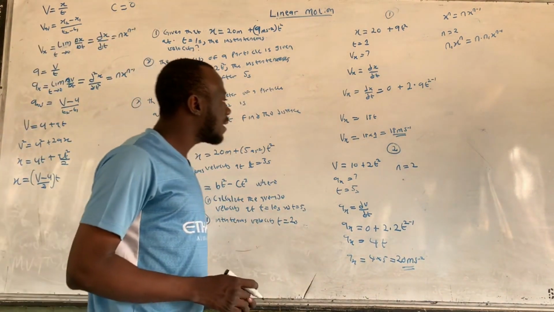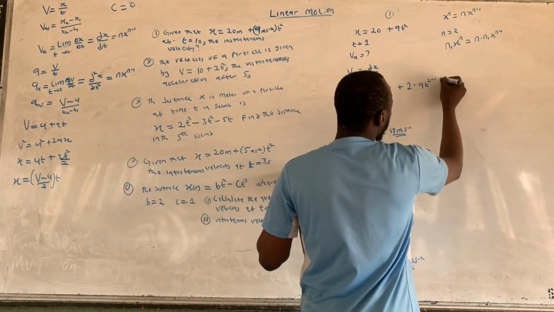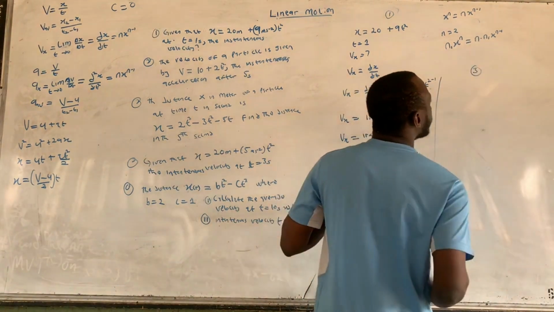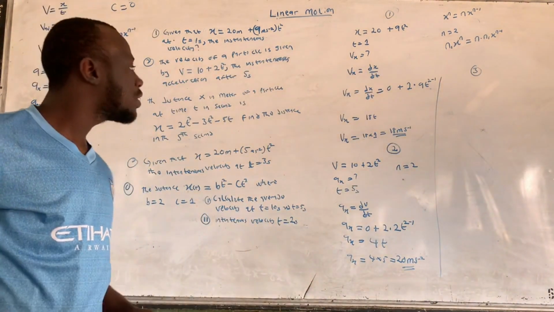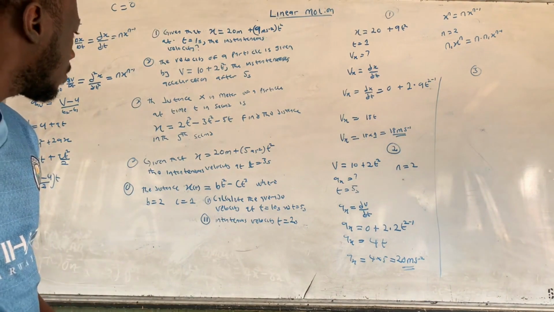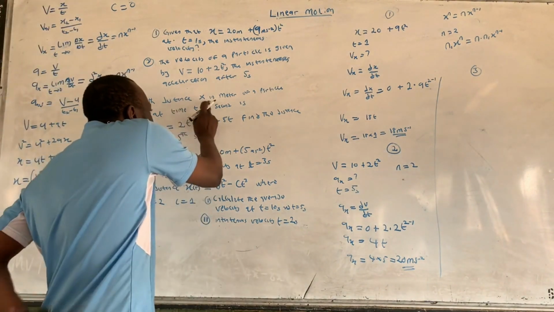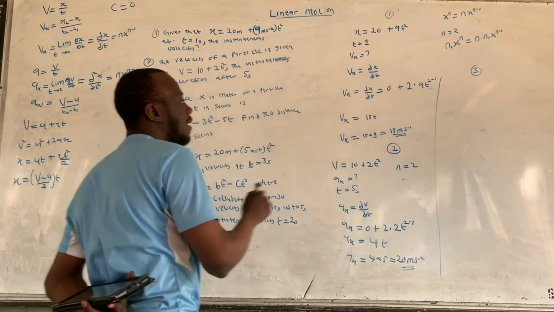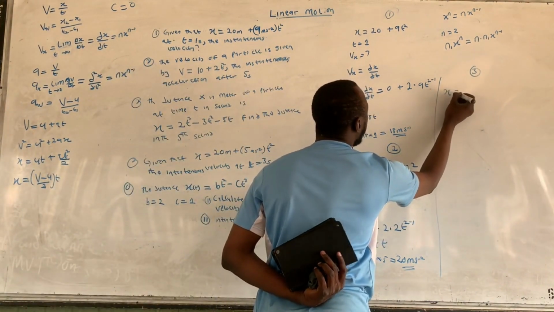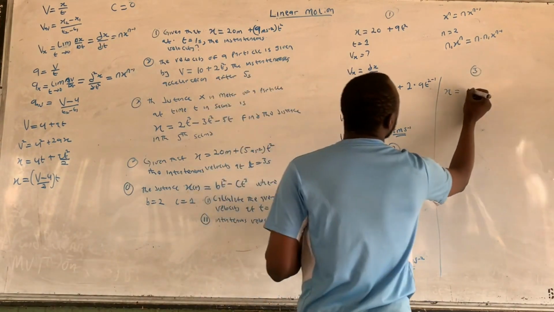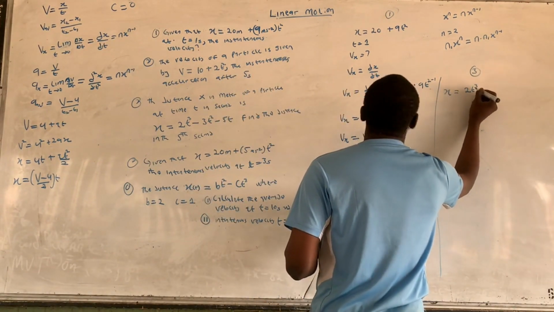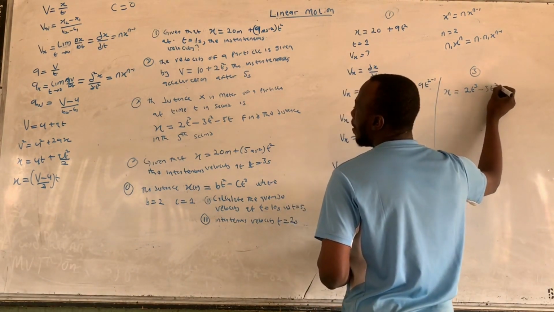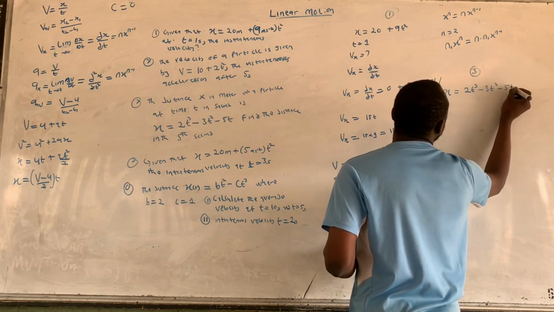So next I want to solve question 3. Question 3 states that the distance x in meters of a particle at time t in seconds is given by x equals 2t cubed minus 3t squared minus 5t.